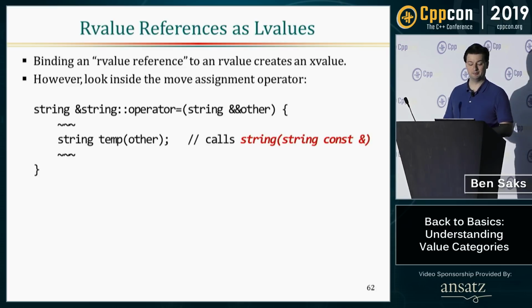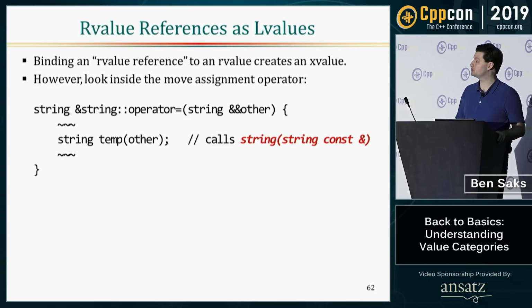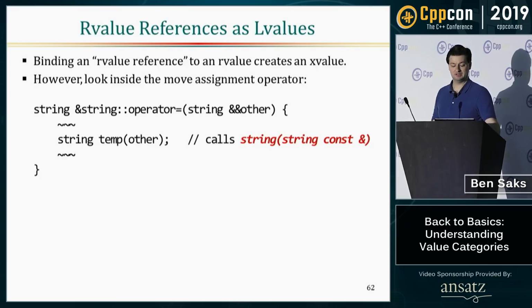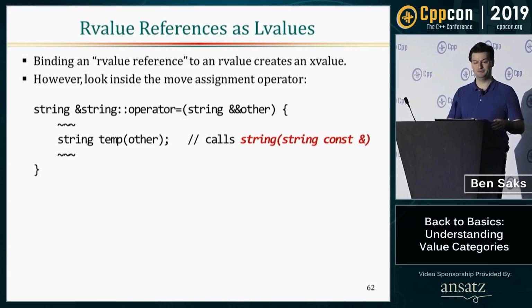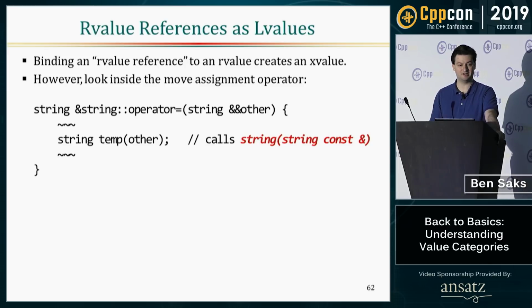Now let's suppose somewhere inside this operator, I wanted to create a string temp using the value of other. Would this perform copy construction or move construction? It turns out it performs copy construction. It's not treated like an R value that I could move from.